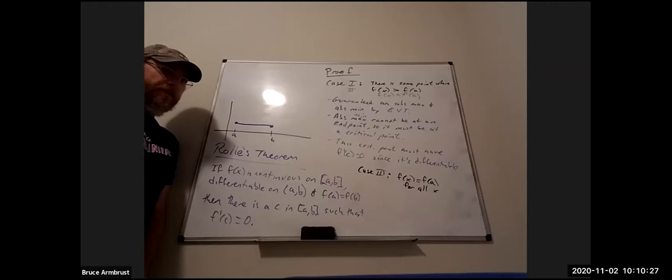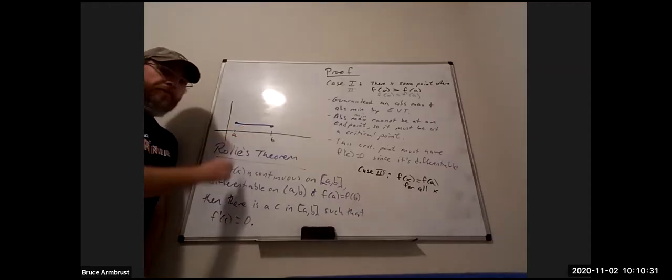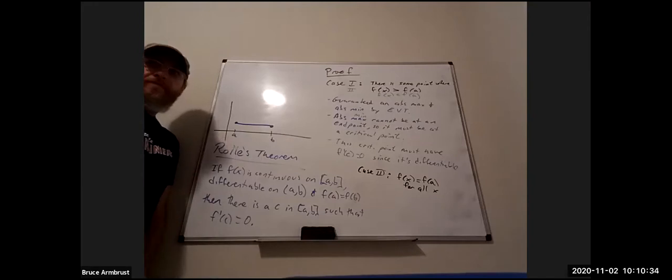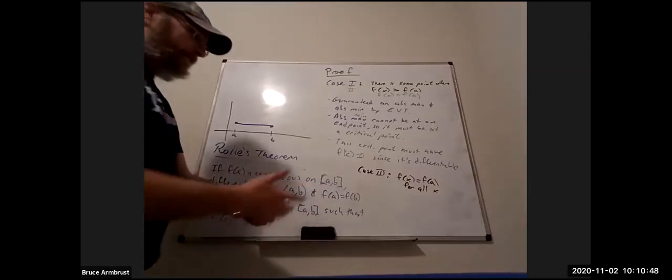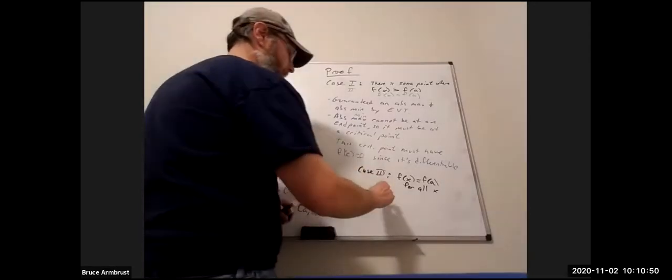And don't overthink it. What kind of function is this? Good, Bailey. It's a constant function. What's the derivative of a constant? 0. Done. Right?